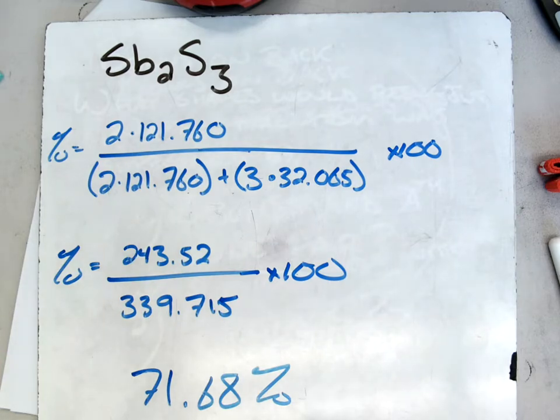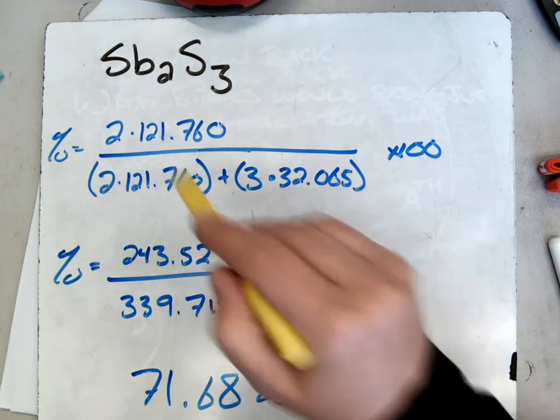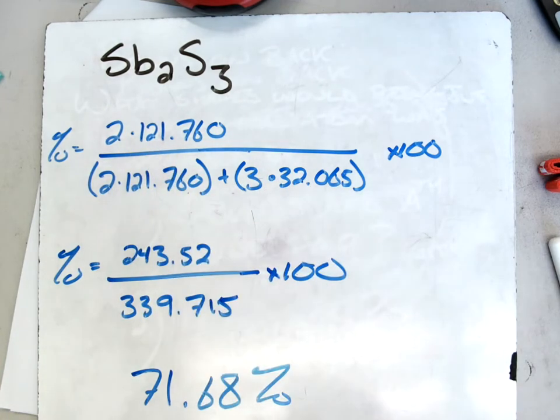Now that you've fixed these in your test, and when you fix them in your test, I want you to actually write the equations out in your test, show the math, show what your mistake was. If you got the answer that was half of the right answer, that means you didn't do the 2 times. Okay?